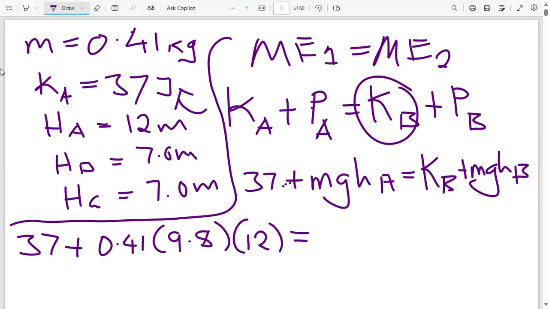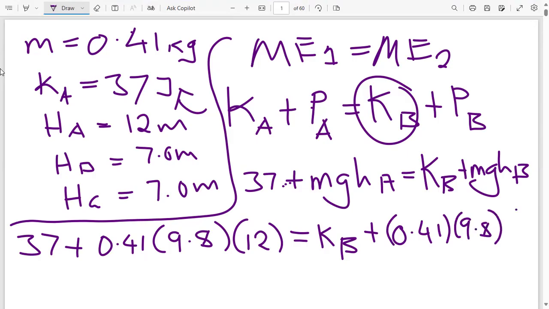And this is equal to kinetic energy at point B plus mass, 0.41, multiplied by gravity, 9.8, multiplied by the height of point B, which is 7 meters.